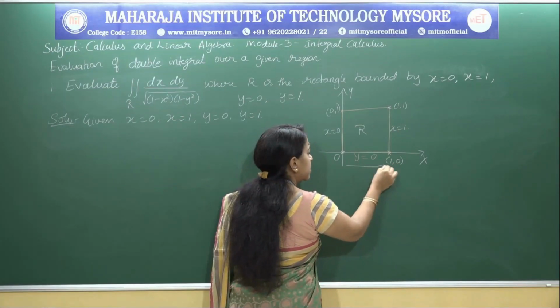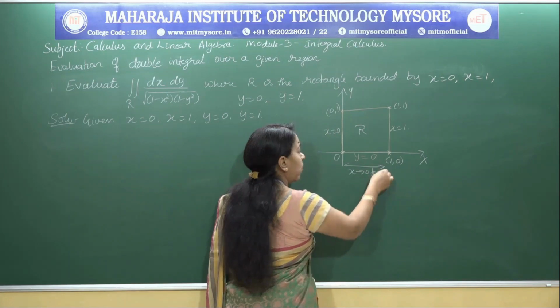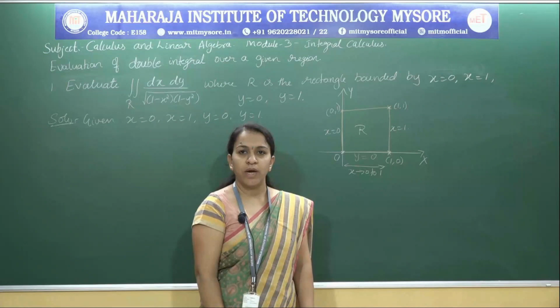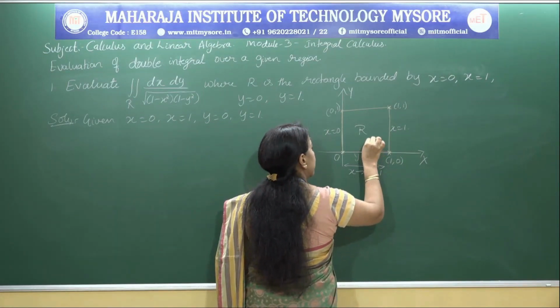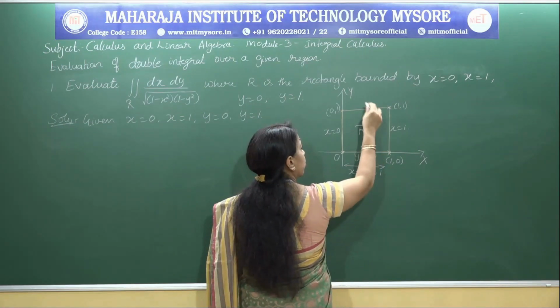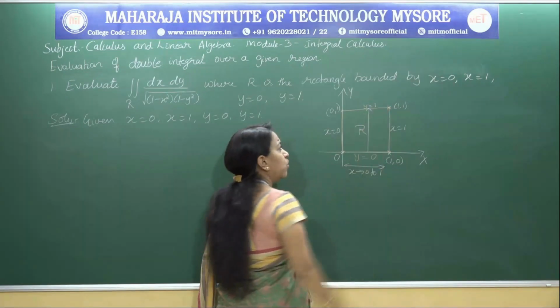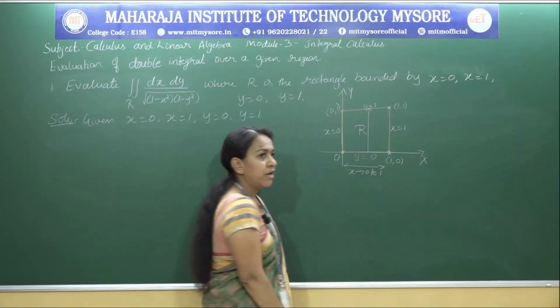So your x varies between these two values. And we consider the y limit in the bounded region. So y varies from 0 to this line. So this line is given by y equal to 1. So y varies from 0 to 1.